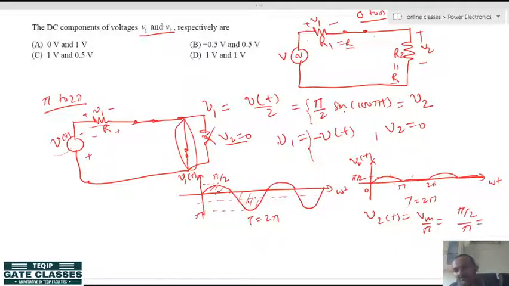Hence the value is 1 by 2, meaning V2 average will be plus 0.5 volt. And V1 average, if you calculate this value, will come around minus 0.5 volt.